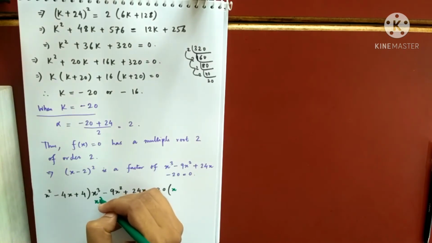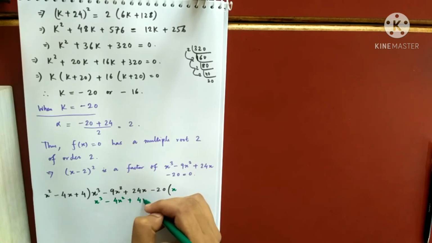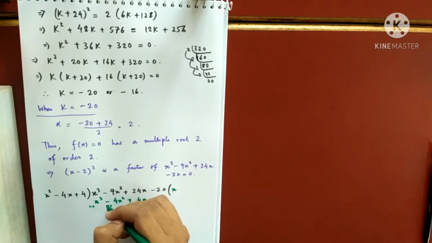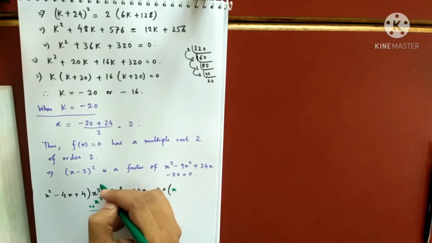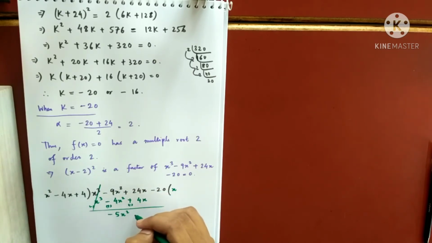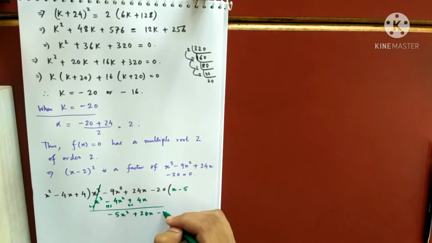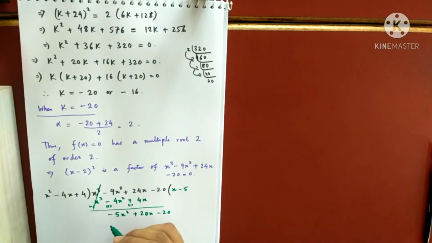This will become x³ - 4x² + 4x, subtract, cancel. 9 minus 9x², this will become -5x² + 20x, so minus 5, right? And I'll copy this minus 20, it will get cancelled completely. So -5x² + 20x - 20 is getting cancelled.